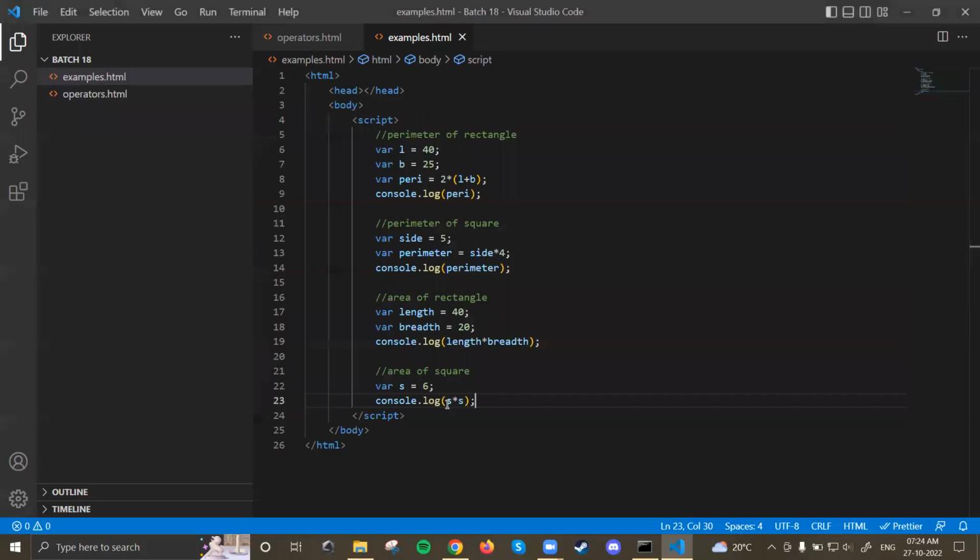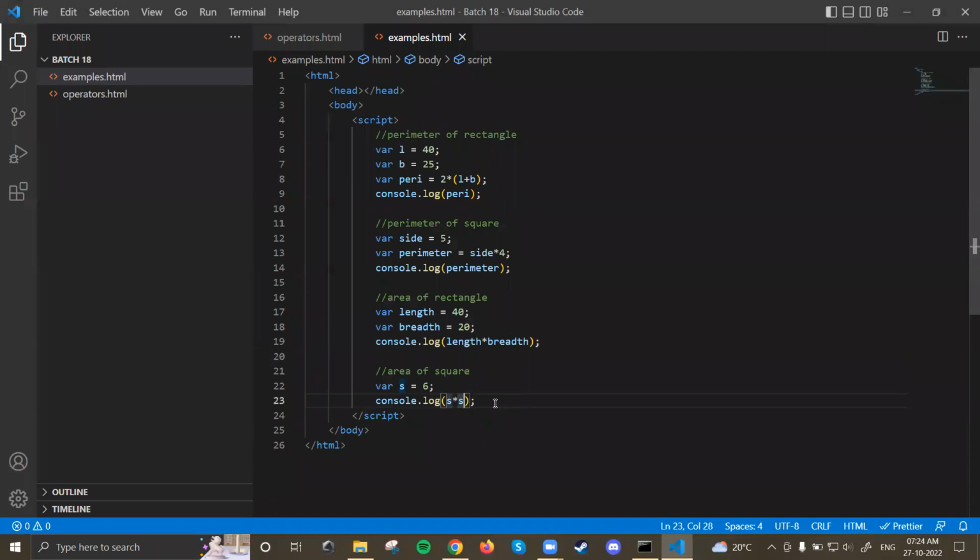Okay. Now, when we are multiplying two same numbers, in maths, instead of doing side into side, we can write side square, isn't it? Side to the power 2, that means. So for that also we have an operator in JavaScript known as the exponentiation operator.